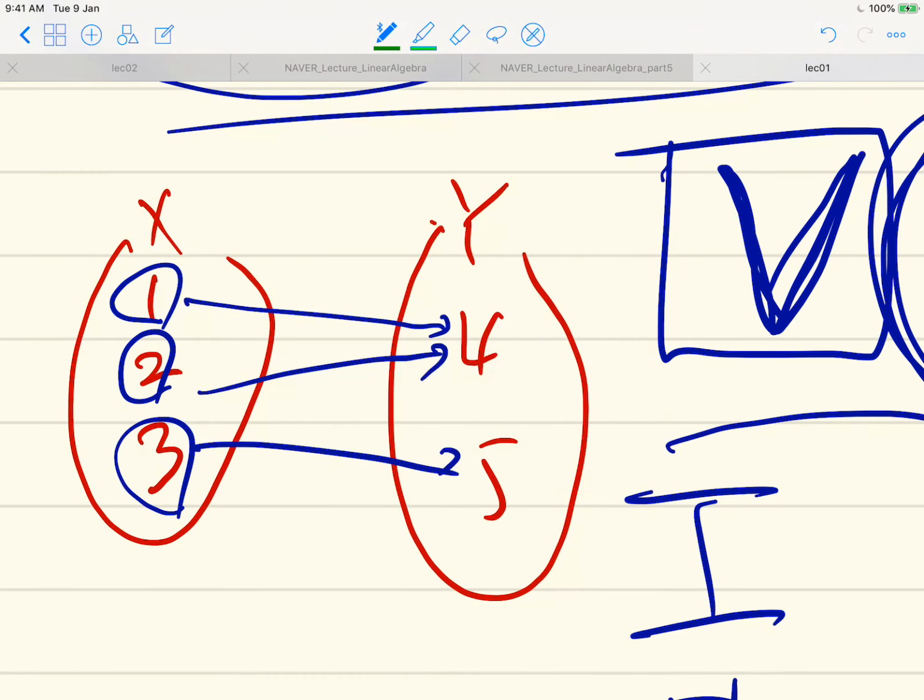This 4 should be mapped into multiple ones, right? So the output should be mapped from a unique input. So that is called what? One-to-one mapping, right? This is the requirement. One-to-one mapping is required for the inverse mapping to exist, right?